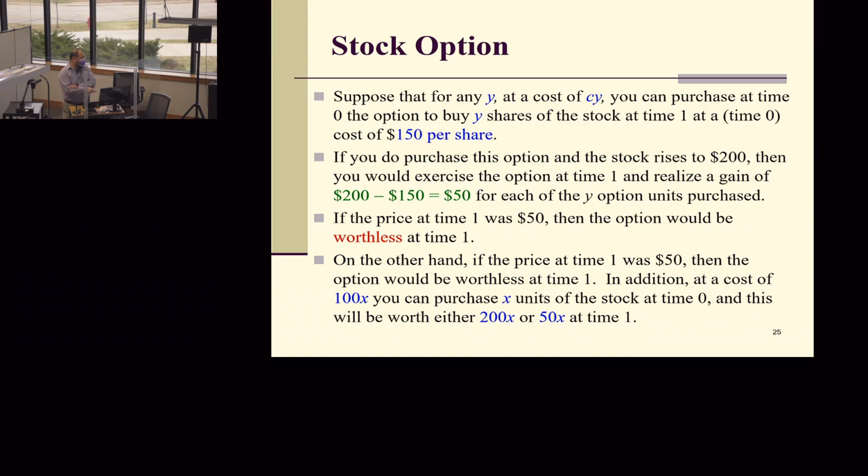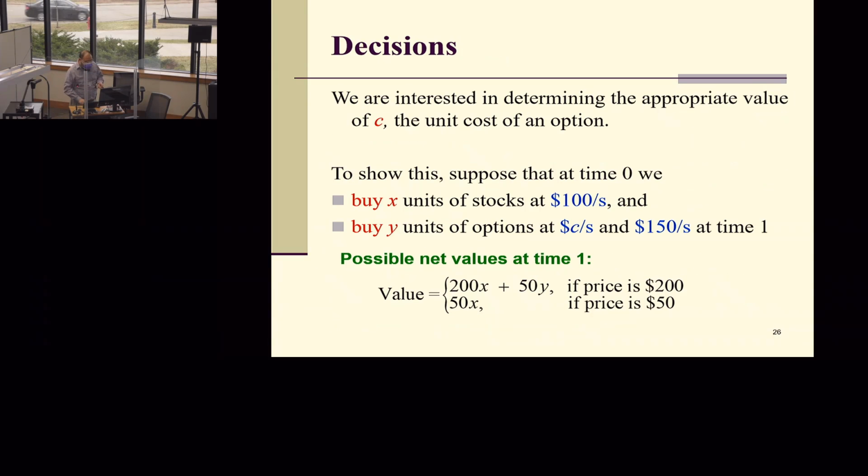So either the stock price goes to $200 or goes to $50, half of it. So the net worth after one period will be either $200 times whatever shares we have, or $50 times the number of shares we have. So far, okay? Simple math. Let me walk you through it one more time before we go into the second, because the second example is very similar to this one. So we want to make sure you understand the concept.